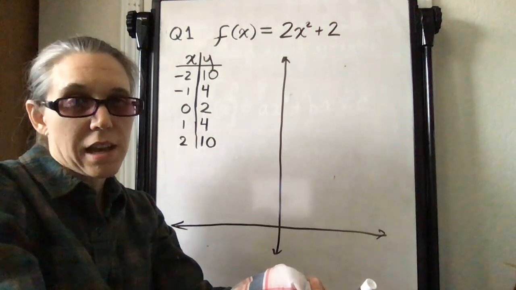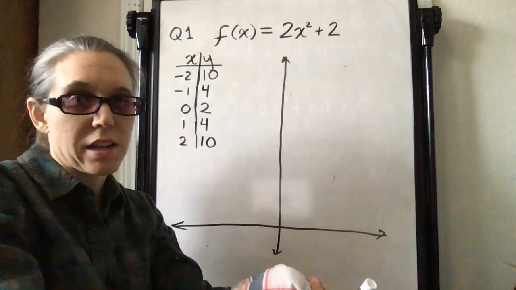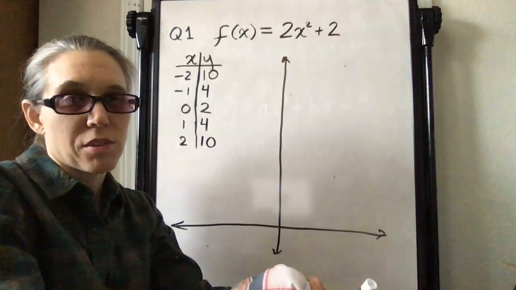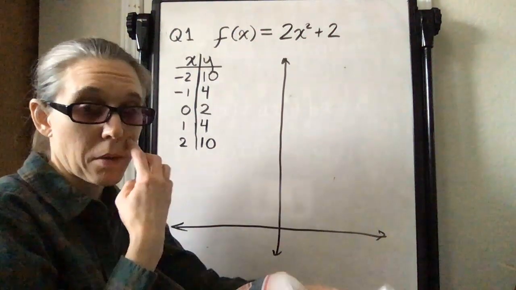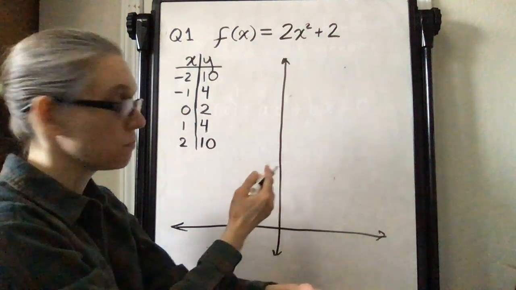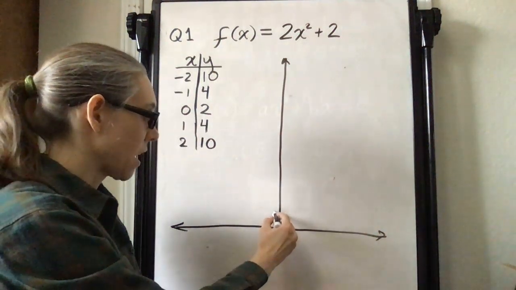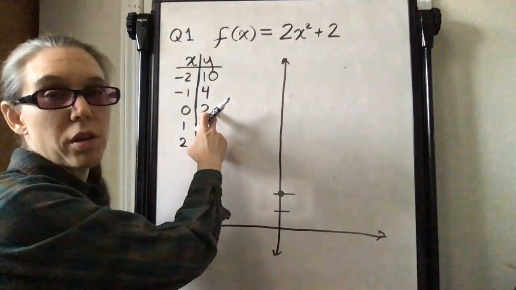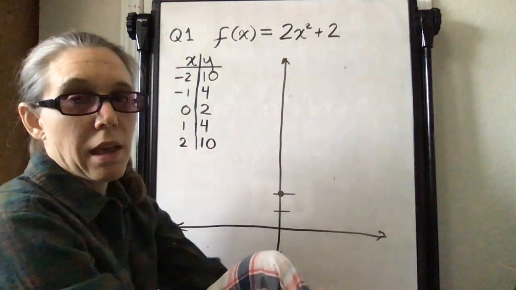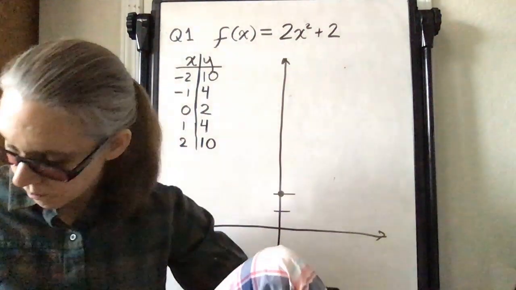Here the vertex is the point that goes through the line of symmetry. In this case, the vertex is at 0, 2. I'm going to be plotting by hand, but when you graph this on MyOpenMath, you need to start with the vertex. The vertex is this point right here. How do you know this is the vertex?